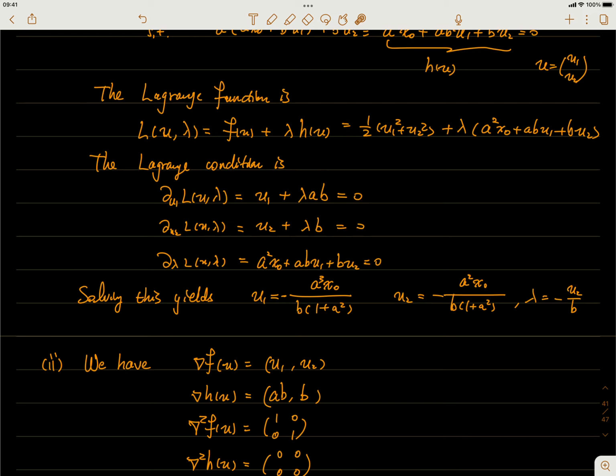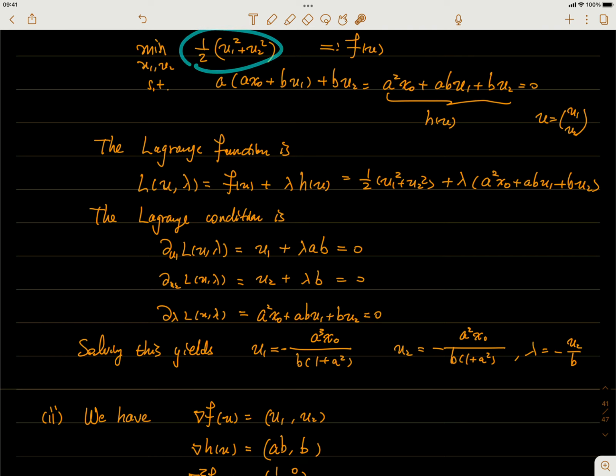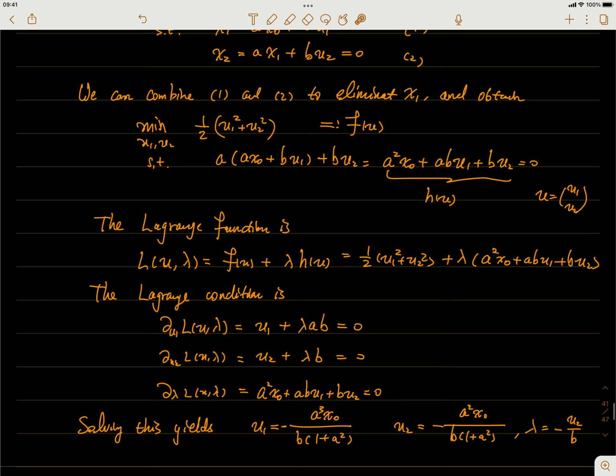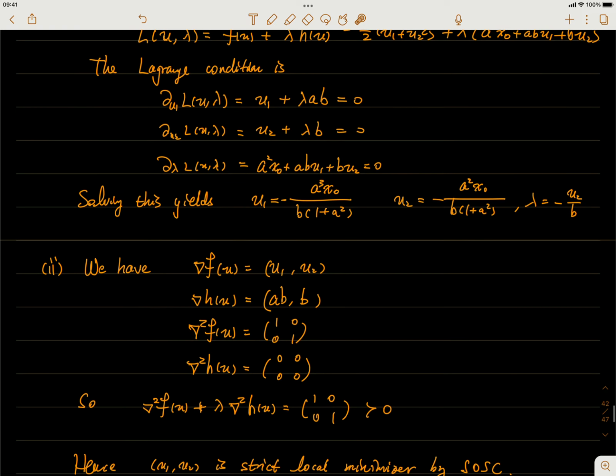Remember, f is this. The Hessian of f, which is a matrix, is just the identity matrix. And H is this. So the Jacobian, which is the gradient of H, is that, and the Hessian of H is just 0. So this matrix eventually just turns out to be that, because this is 0.